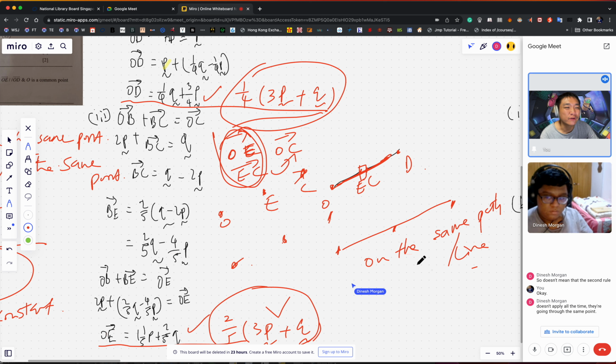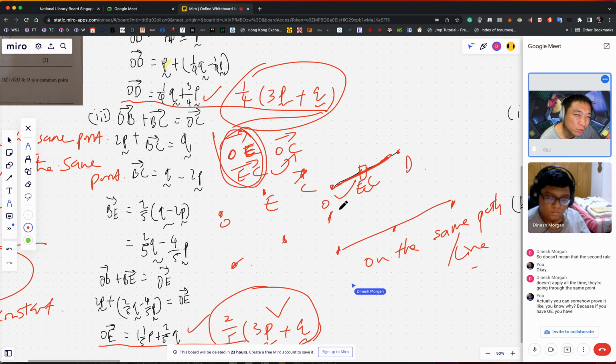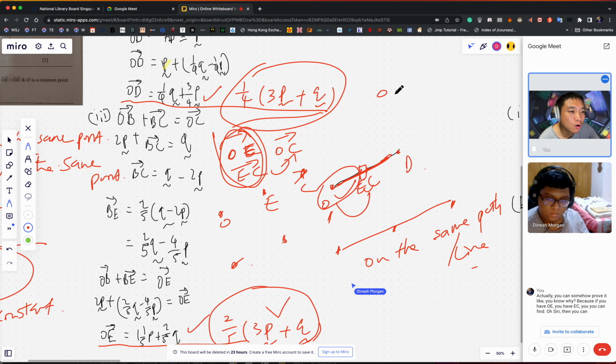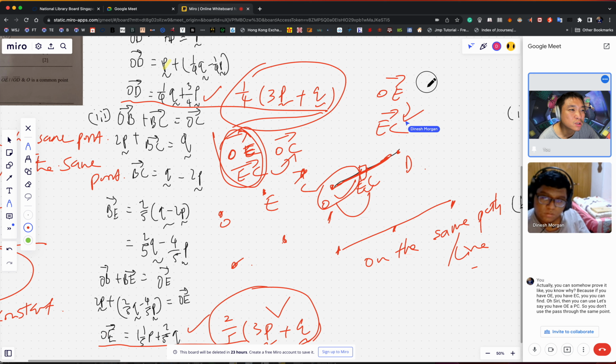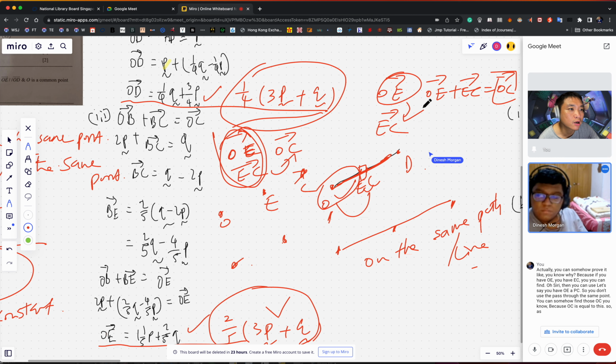Actually, you can somehow prove it. If you have OE and you have EC, you can find OC already, so you don't use the passing through the same point. Once you get OC, you can compare OE and OC.